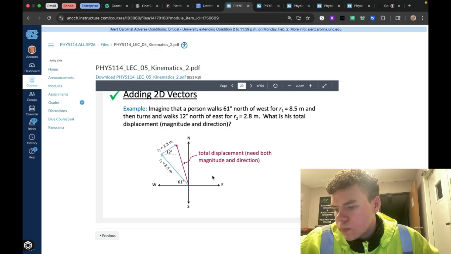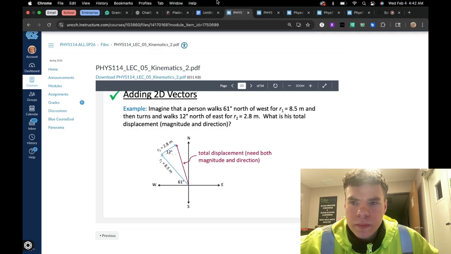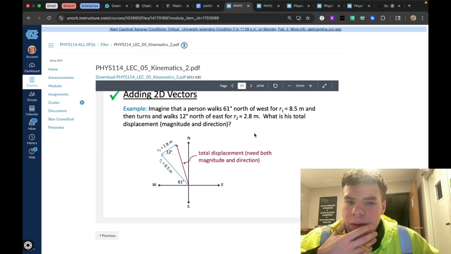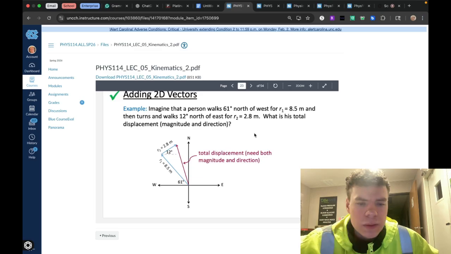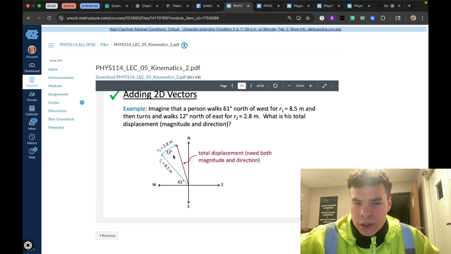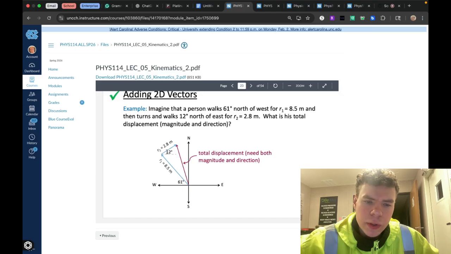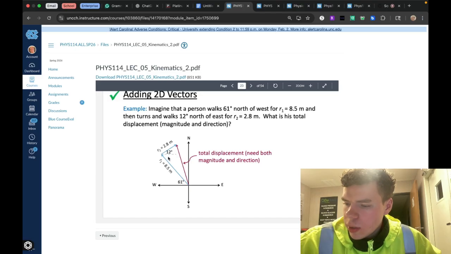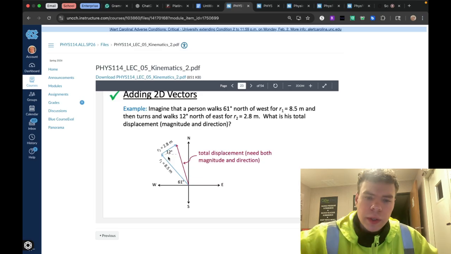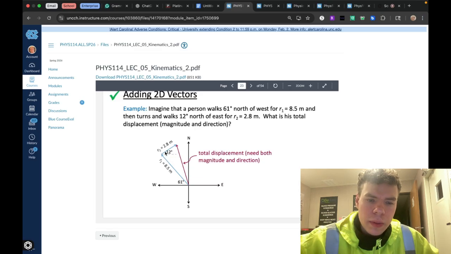So, okay, cool. Chill. So, all right. So, first of all, if we know that this is a 12-degree angle, then that means if we wanted to make a right triangle here, we know that this would be a 78-degree angle, right?